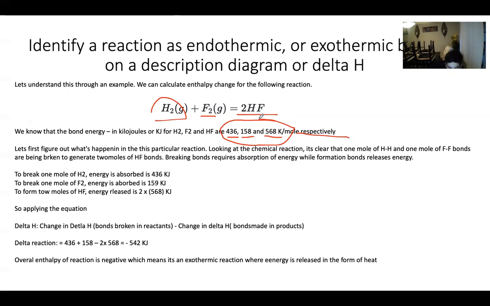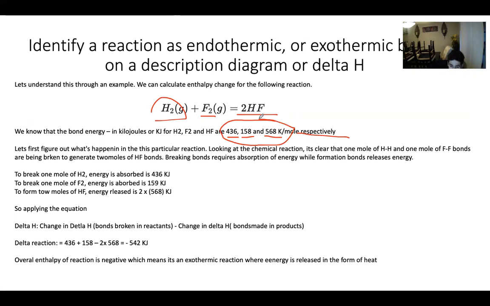Now when we figure out what's actually happening with the reaction, it's clear that 1 mole of H-H bond and 1 mole of F-F bond will make 2 moles of hydrogen fluoride.